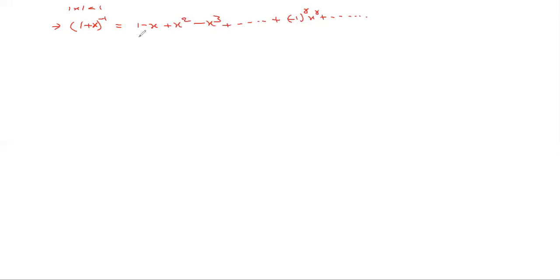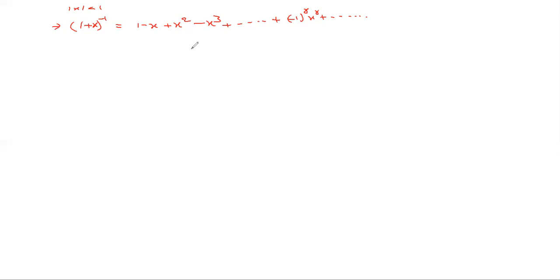What is the expansion for binomial for any index? 1 minus nx. Okay, so here negative 1 is there, that's why 1 minus nx means minus 1x. So plus negative 1 into negative 1 minus 1.